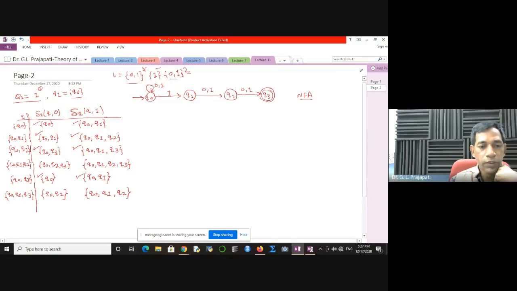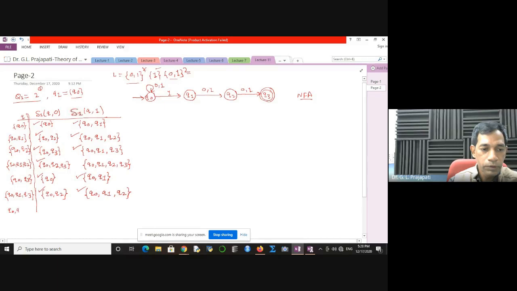So this is Q0, Q1, Q2, and you have defined the transition for Q0, Q2. This is not a new state. Q0, Q1, Q2 you have also defined the transition for, so this is also not a new state. So you have two states remaining. You need to give the transition for Q0, Q2, Q3.